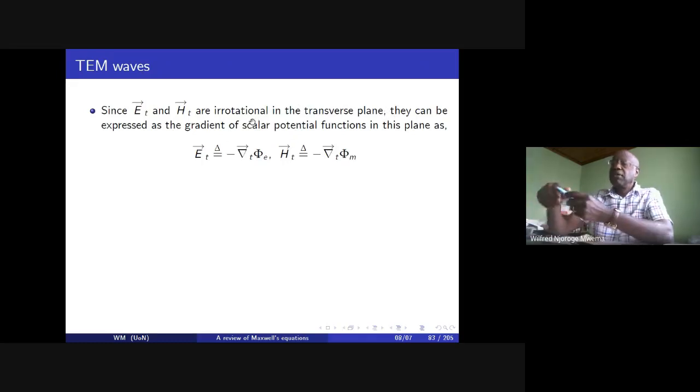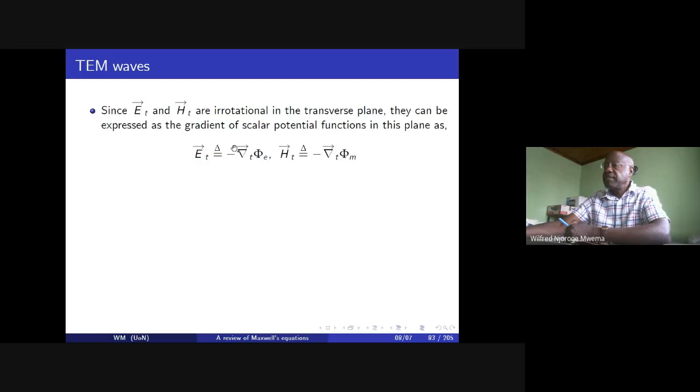And therefore, using the vector identity that the curl of a vector field that is a gradient of a scalar function is identically equal to 0, since they are irrotational, we can always define them as gradients of scalar functions, which we'll call phi_E and phi_M.